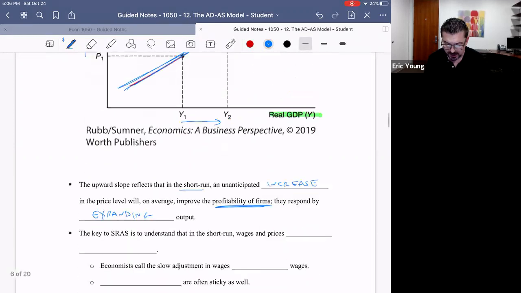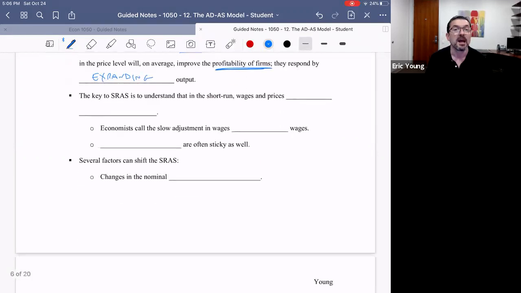Note that they can do this because they're making more profit, and they're doing this again because those prices and wages are not fully adjusting. Another way to say it is that to understand the SRAS and to really get it, you have to understand that wages and prices adjust slowly in the short run.